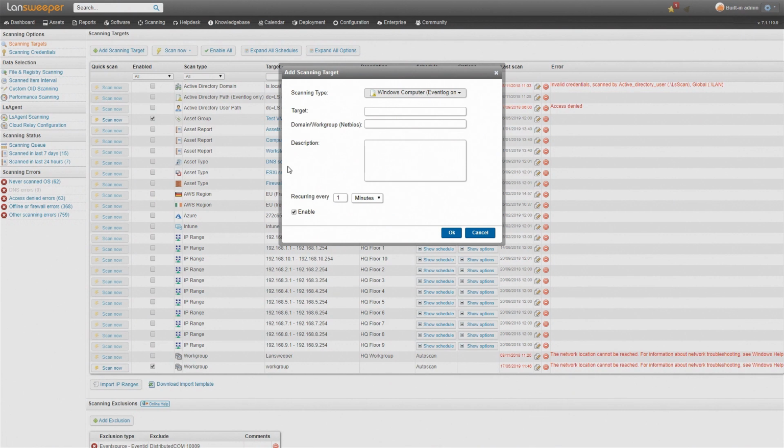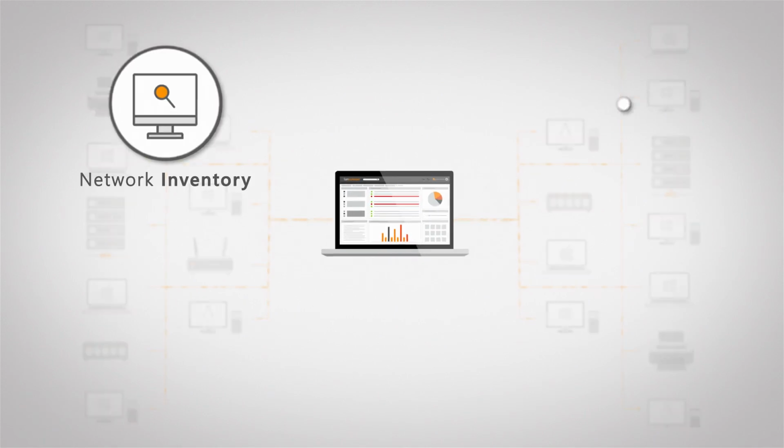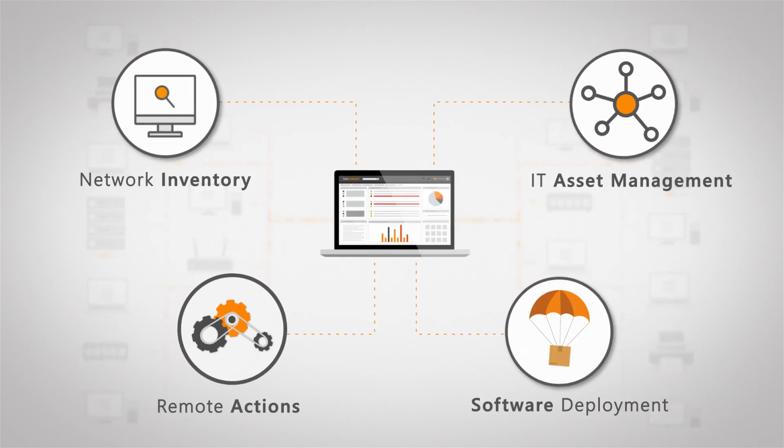So obviously when adding one of these scanning targets, you'll have to add the information about the target and the domain, workgroup, NetBIOS. And then at the bottom, you can select the interval at which the scanning target will scan that specific machine.